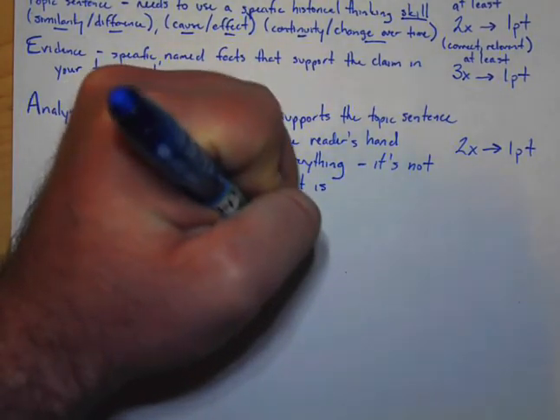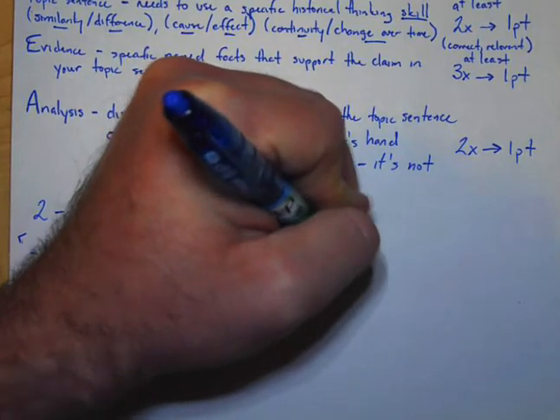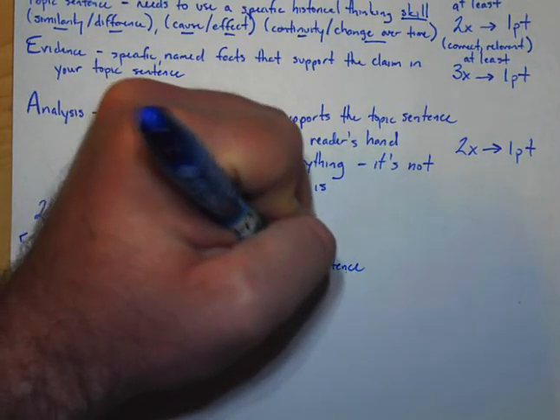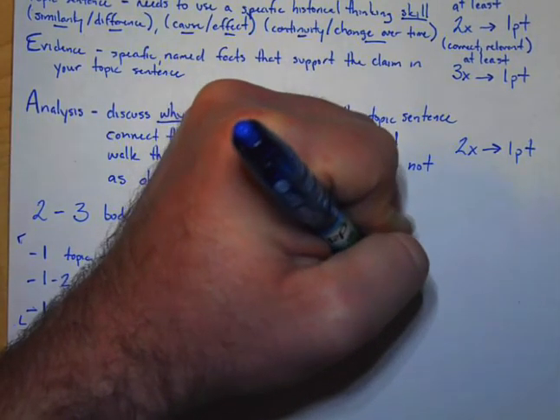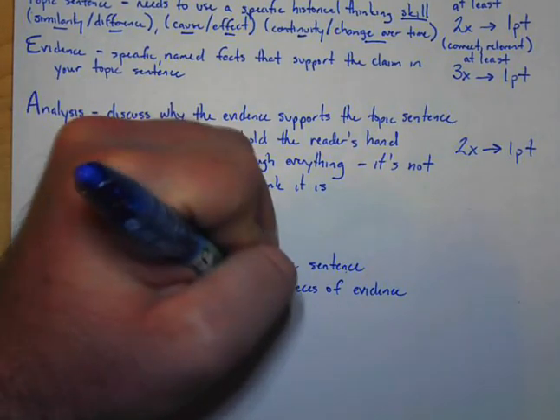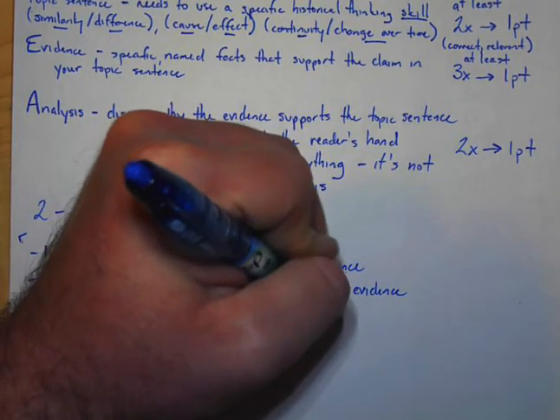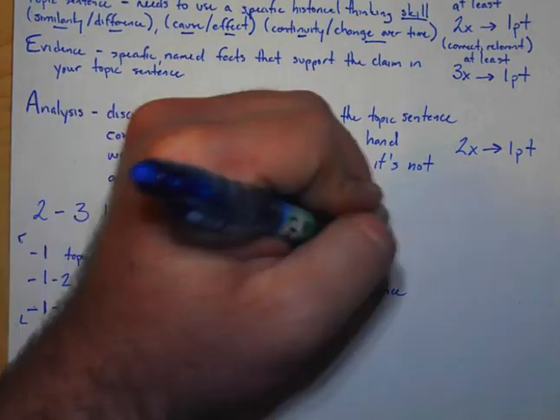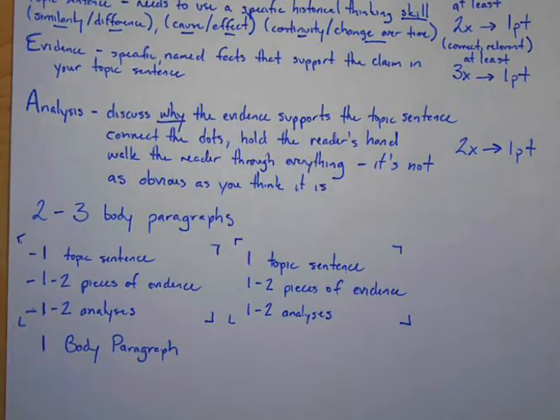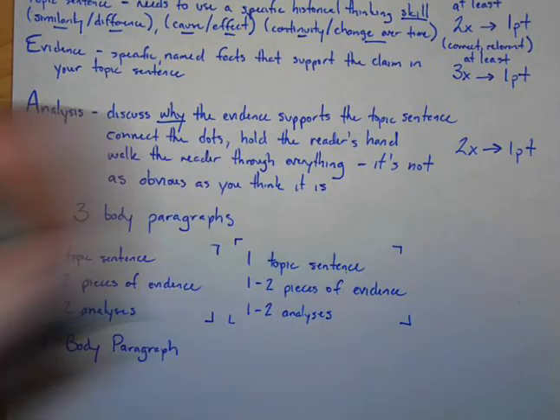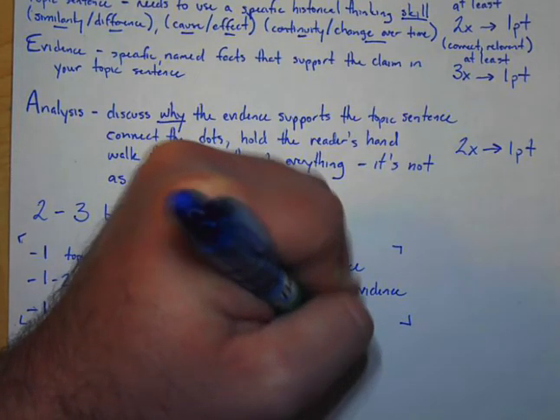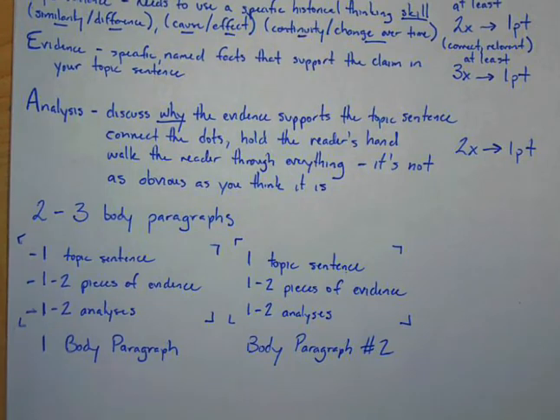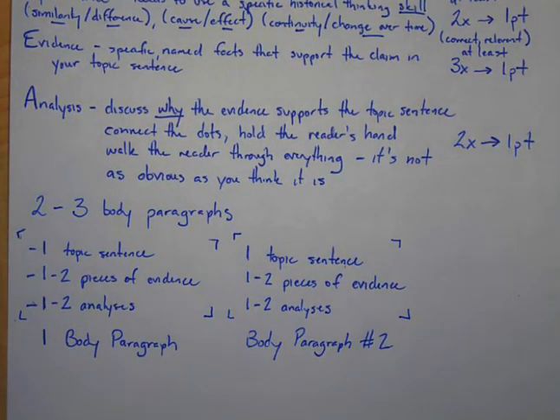I would do that again. So 1 topic sentence, 1 to 2 pieces of evidence, 1 to 2 analyses. That is body paragraph number 2. If you can do that, then you're probably good.